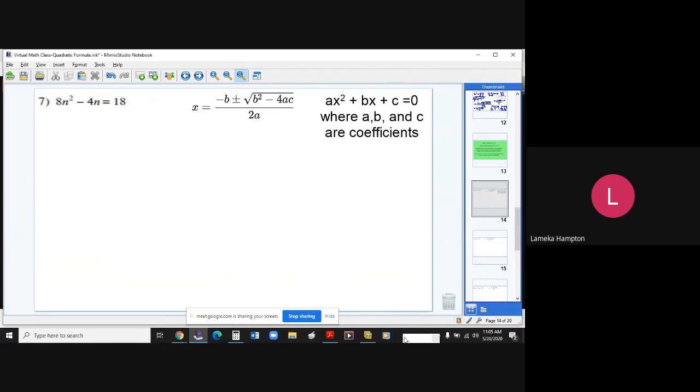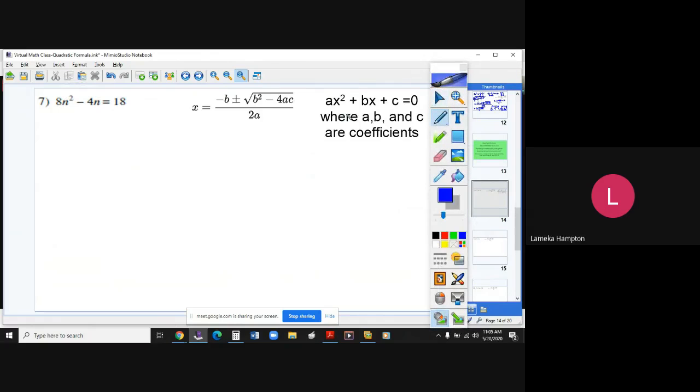So what I would have to do is move this 18 over to this side of the equation. The way that I would simply do that is I would just subtract 18. Now, if you notice, there is no other number over here that I can subtract 18 from. So if it helps you, you can look at it in this way.